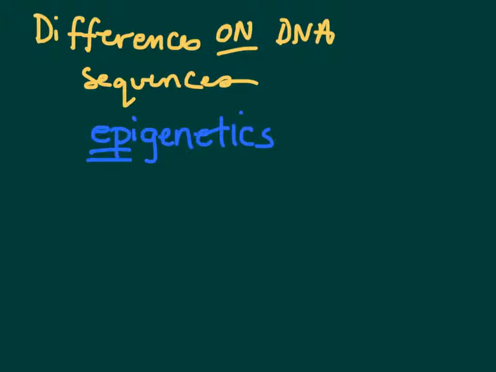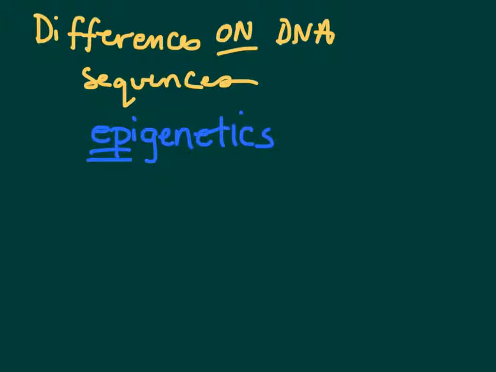Epigenetics and changes to the epigenome are in fact heritable, and they change gene expression without altering the DNA sequence. So it kind of takes everything that we've talked about and makes it a bit more complicated. It's not simply the difference between what your nucleotides say, but it's also the difference between what's attached to your nucleotides.